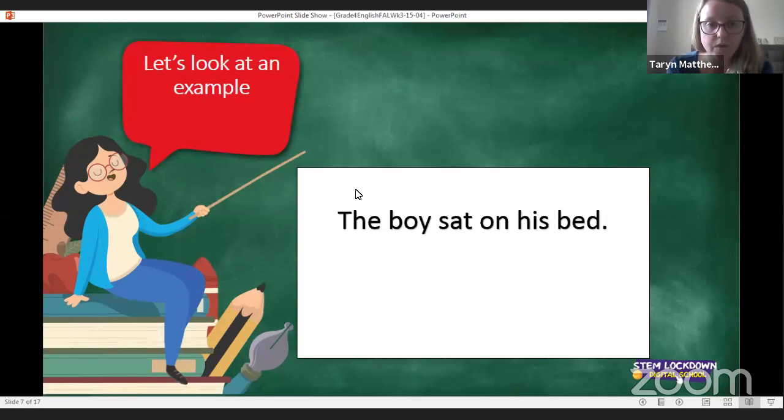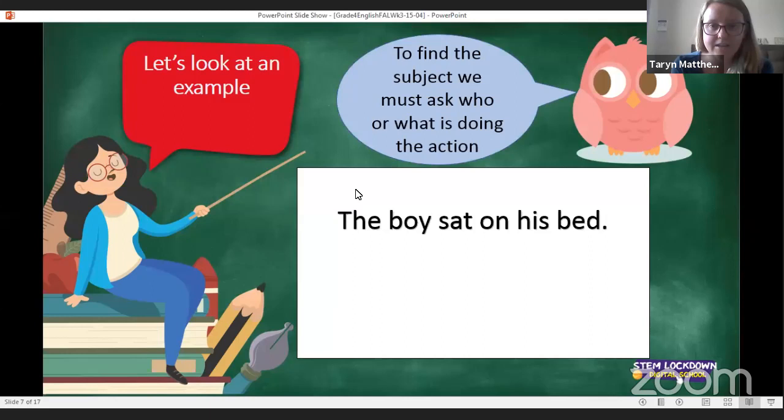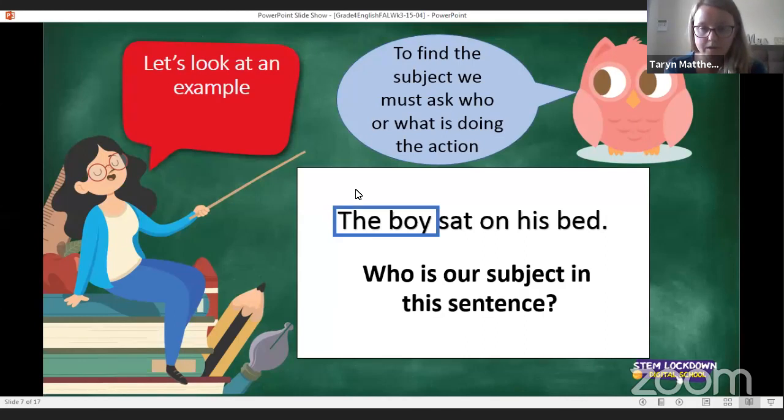I need to ask who or what is doing the action. Yes, I see a lot of you are telling me the answer already. Well done. So I see that the boy is sitting on his bed. So he is the subject of my sentence. He's the person.